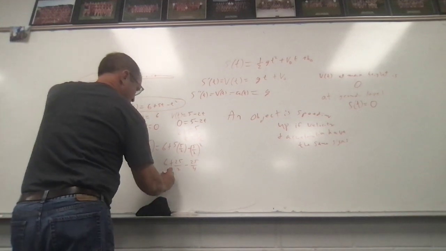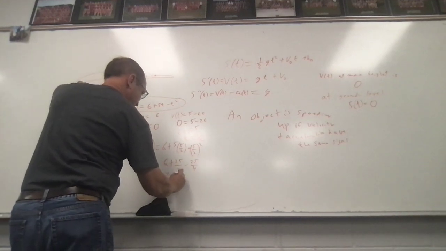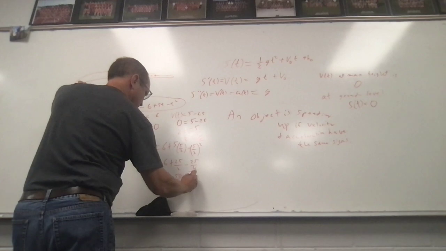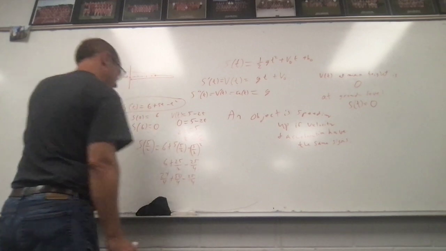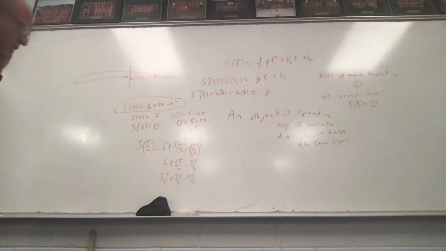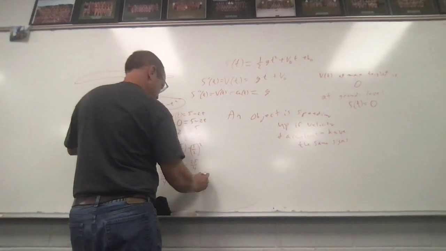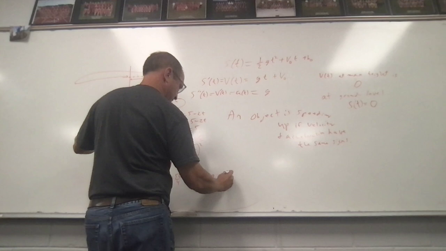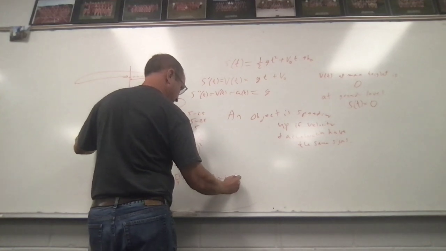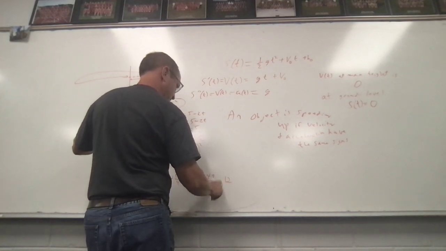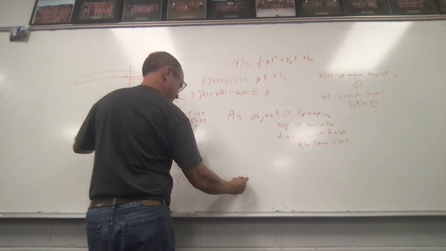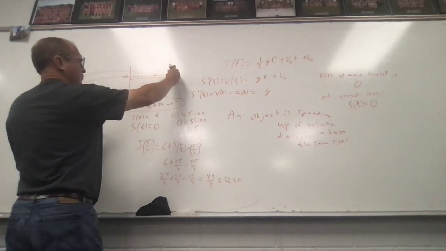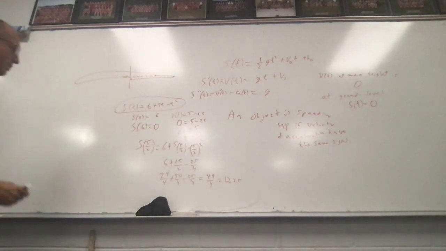So this would be 24 fourths plus 50 fourths minus 25 fourths. So that's going to be 74 minus 25, which would be 49 fourths. 49 fourths is 12.25. So 12.25 is the farthest away from the origin that we get.